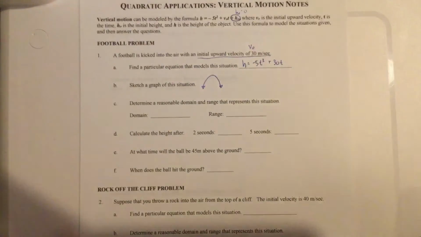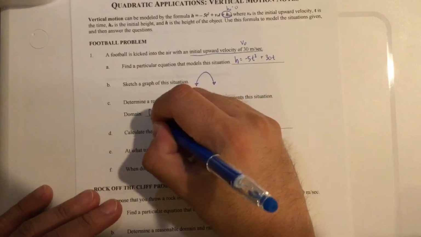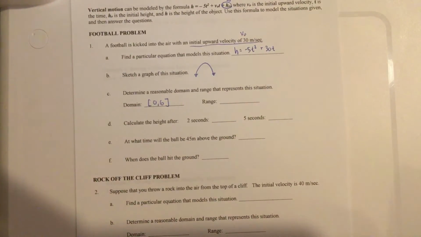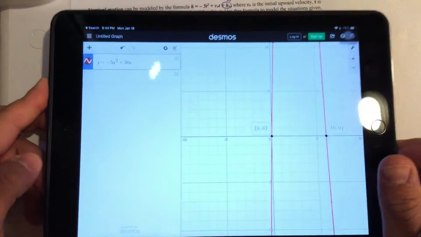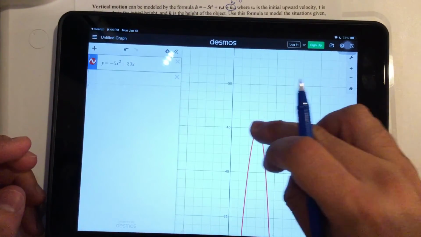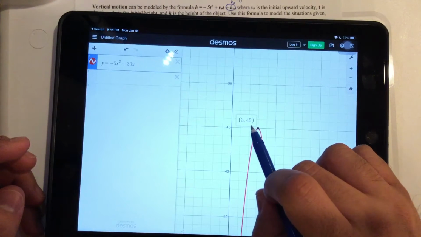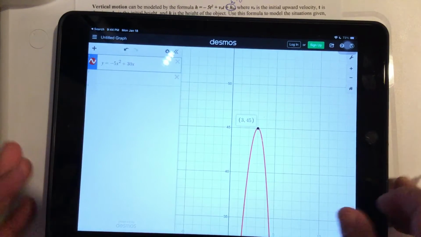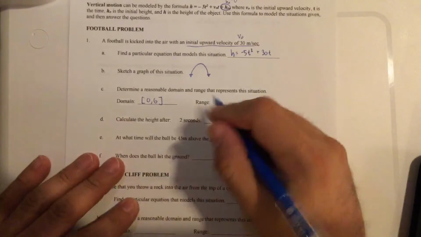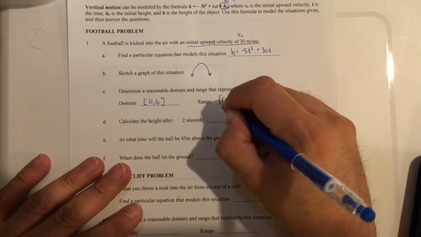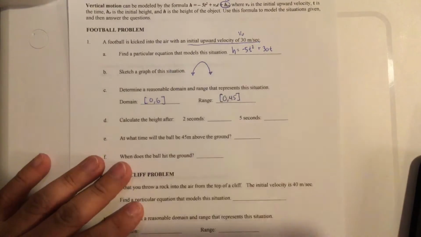So domain, we're going to say bracket 0 comma 6 bracket. For the range, we have to find the maximum height. So you just go to the very top, we click it, and we see it's at 45. So it started at 0 and it hits the peak point of 45 in terms of vertical height. So 0 comma 45, and I'm going to include both of them. And you notice the graph was facing down.